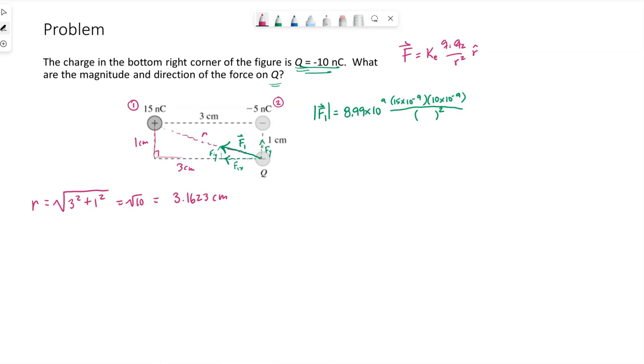That is the distance that's going to come over into our equation up here. Let me give myself a little more room. So R squared in the denominator. Let me plug all these numbers in.